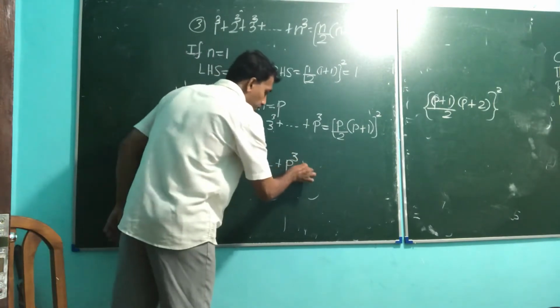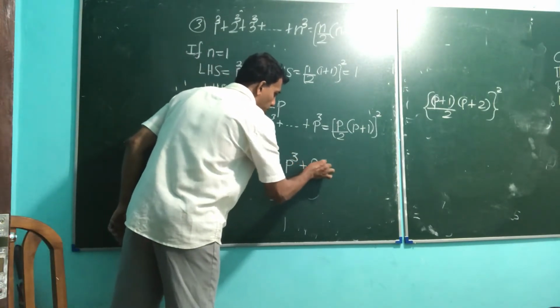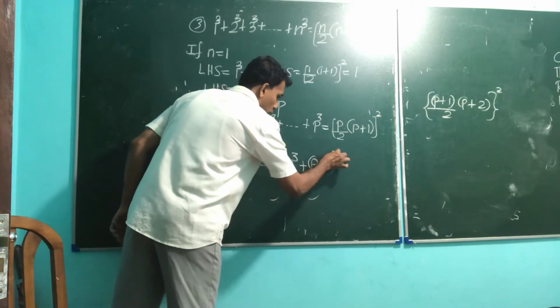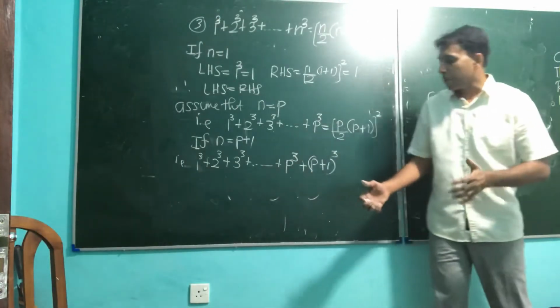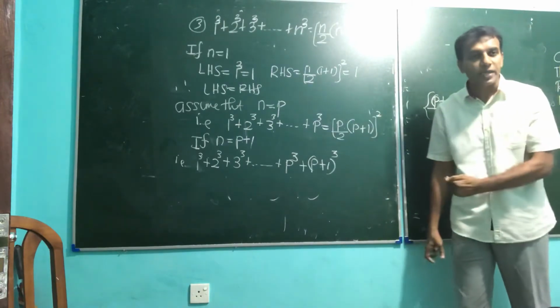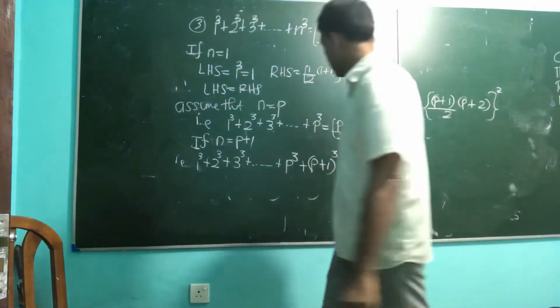Next one, what? p plus 1 cube. 1 cube, 2 cube, 3 cube, up to p terms. And write the next term, p plus 1, that cube, right?